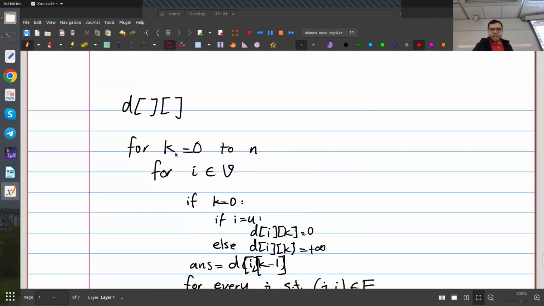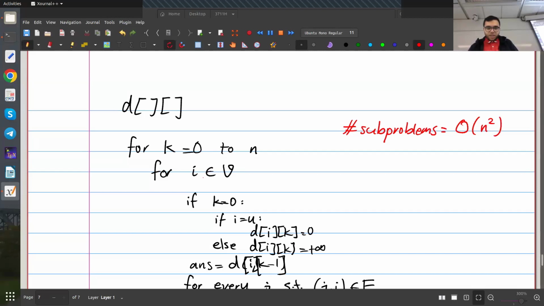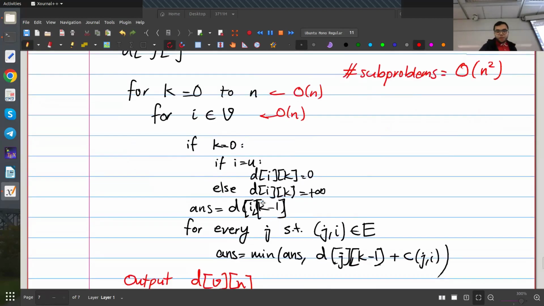Well, for every k from 0 to n, and for every vertex I have a subproblem. So the number of subproblems is actually O of n squared, because this one has O(n) possibilities, and this one is also O(n).